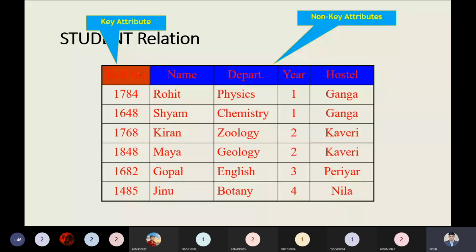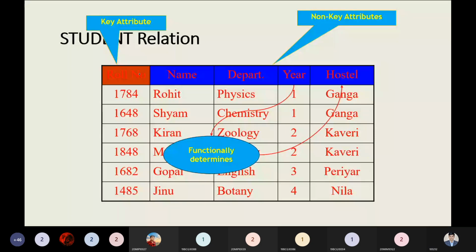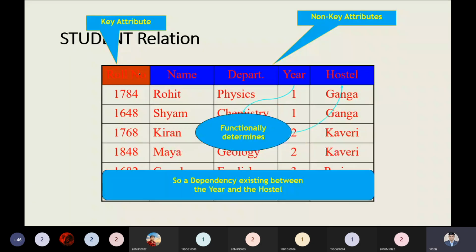A dependency also exists between year and hostel, and hostel and year can also be functionally determined: in which hostel a number of students belong, in which year. So these two attributes can also be said to determine each other functionally.